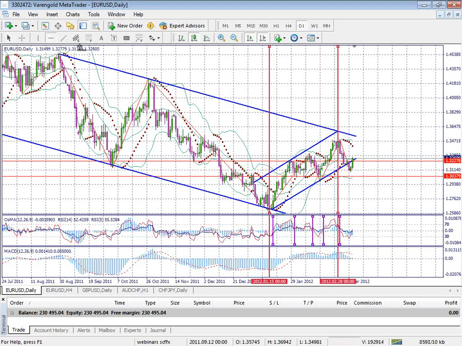What is 1.35? 1.35 is exactly the intersection of that channel with the superior trend line. They are waiting to see if the political intervention will push euro into an uptrend or it will start the fifth wave.